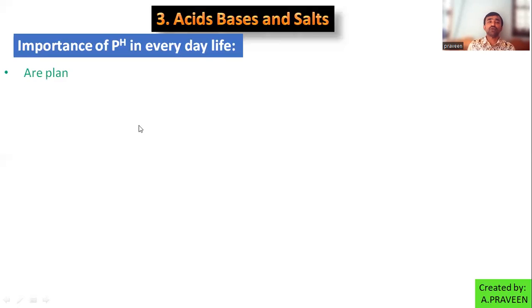Let us see what applications we have here. Are plants and animals pH sensitive? Plants and animals are sensitive to pH? Yes, definitely. How are they? Plants, for their growth and for the preparation of food substances like carbohydrates, glucose, proteins, vitamins, whatever it may be, we are obtaining from plant food only.